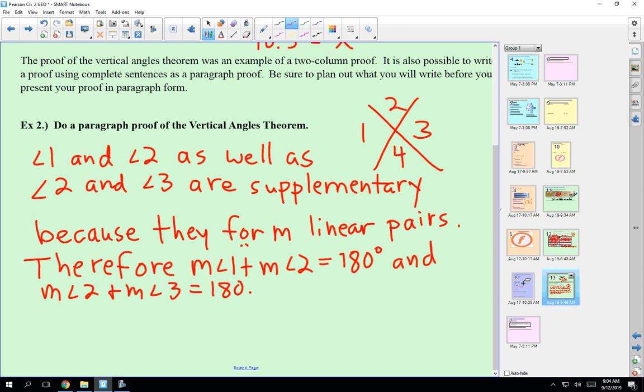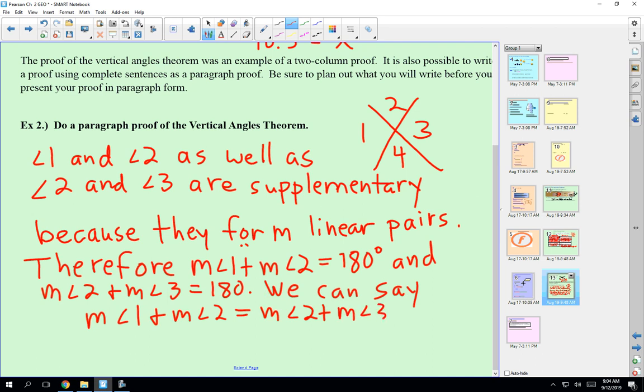And then we might use a different word to present the next one. So we can set, say, measure of angle 1 plus measure of angle 2 equals measure of angle 2 plus measure of angle 3 by the transitive property.